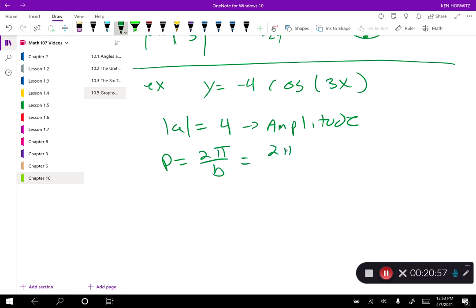So it's 2 pi over 3, which is our period. And again, with no graphing, it tests your knowledge of the concept, but it takes a little bit less time. All right, so let's try to take this to the next level and see how we do.